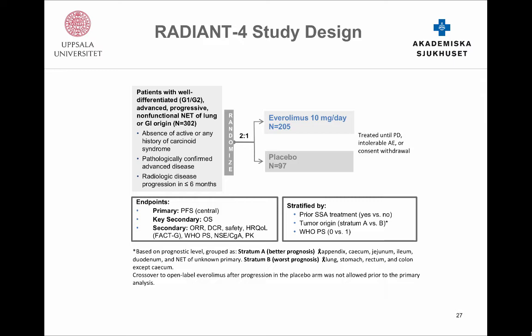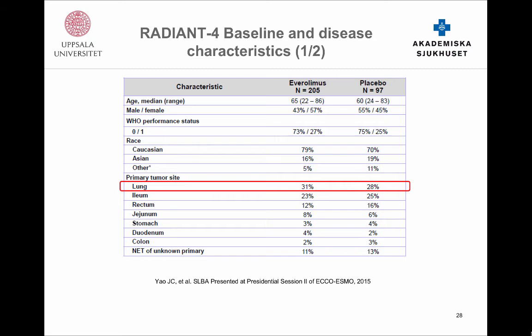And they were randomized to get either everolimus, 10 milligram per day, or placebo. And this time without any addition of somatostatin analog. If you look just at the lung group, you can see that they constitute about 1/3 of the patients in this large study.